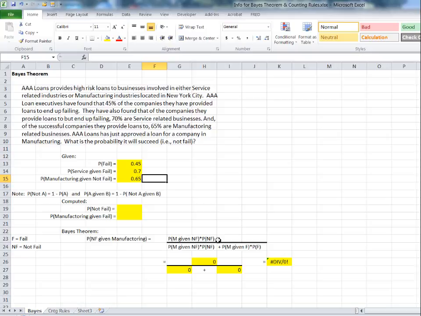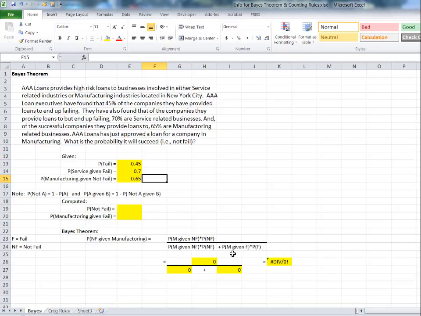We can use this formula where we're going to flip this: probability of manufacturing given not fail times not fail, because that basically gives us the joint probability we're looking for, divided by the same thing here plus another joint probability that we could calculate based on a given and marginal.